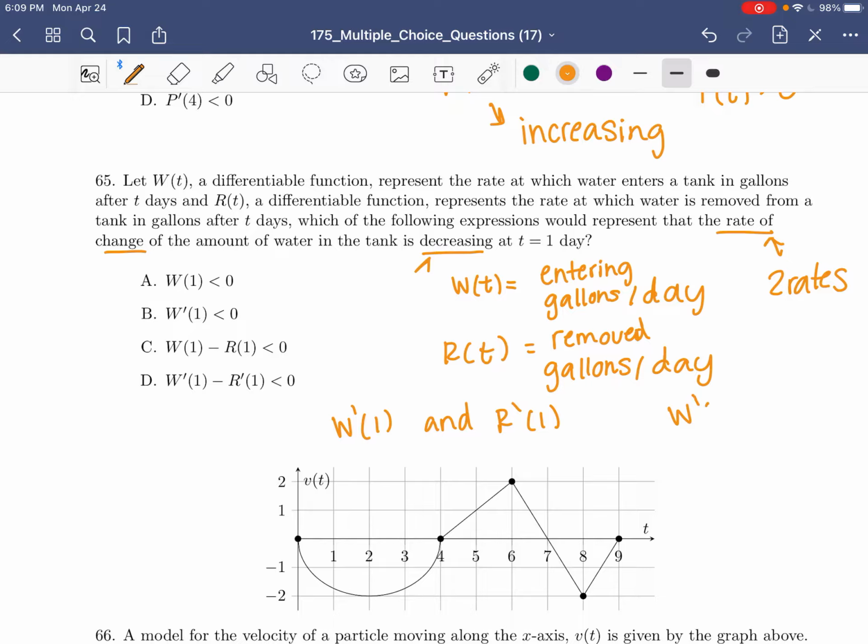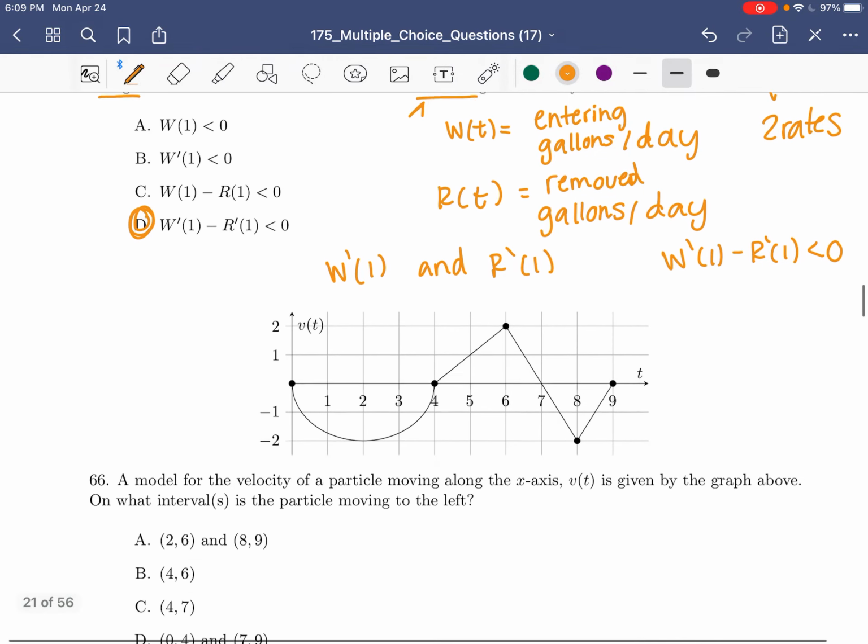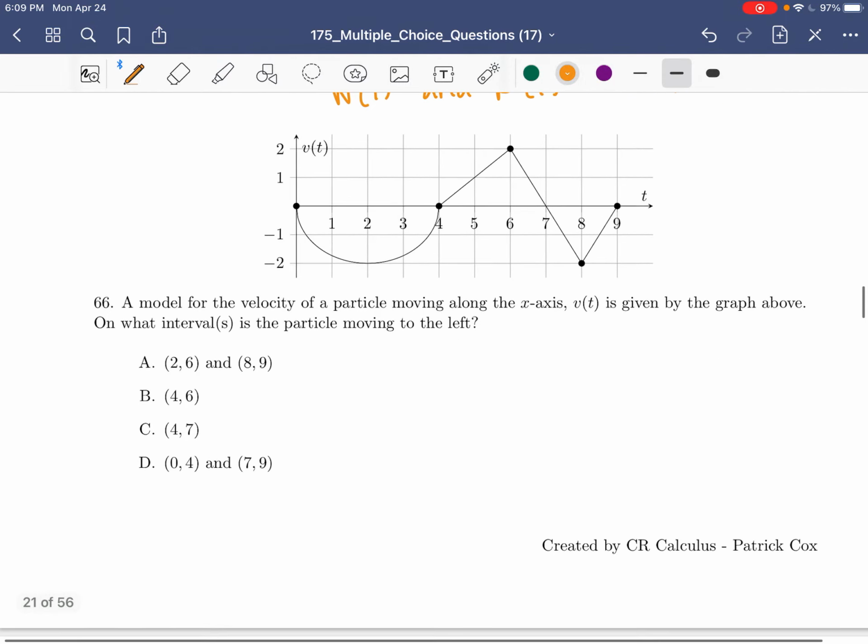So really we need to take the rate that the water is entering, subtract the rate which it's leaving, and if it's decreasing, we want it to be less than 0. So D would be our answer. So the key to these is counting the number of rates that we have.